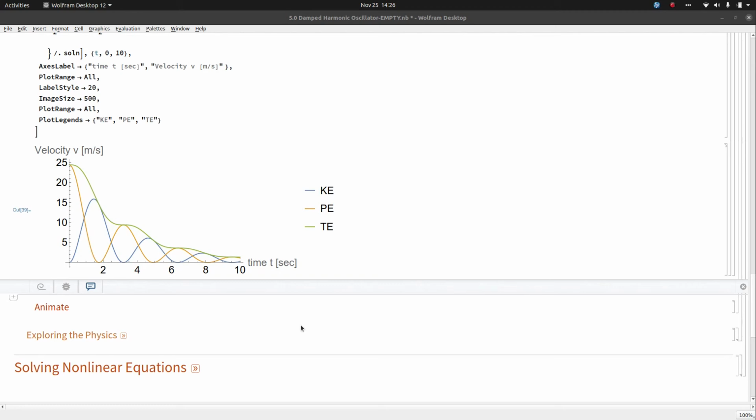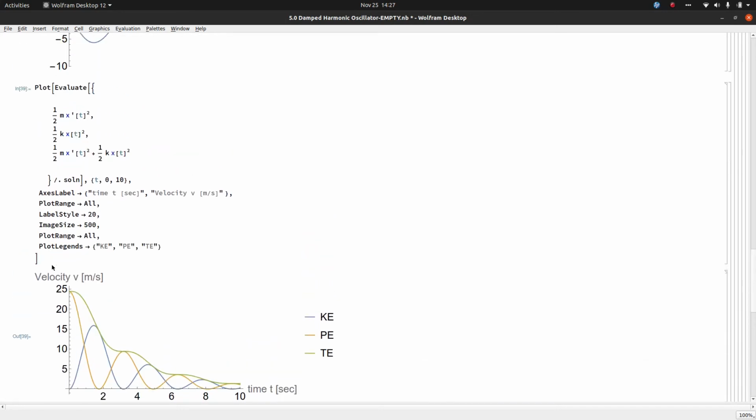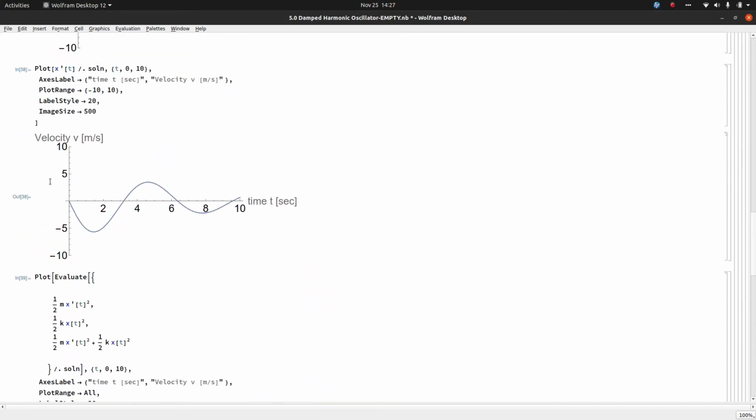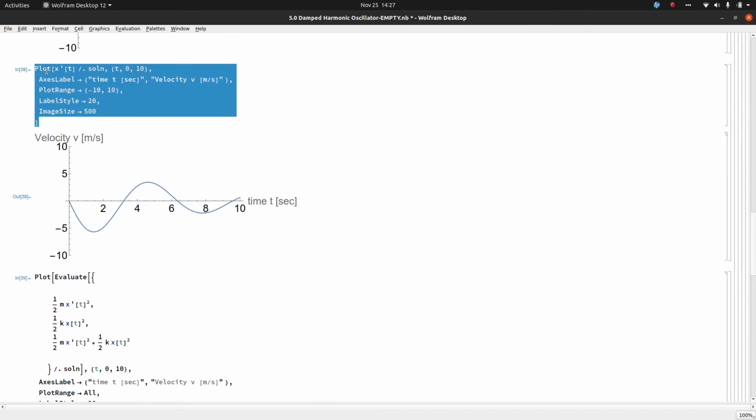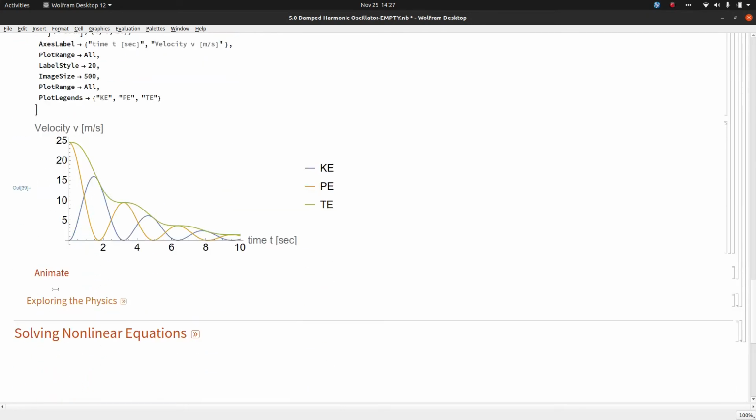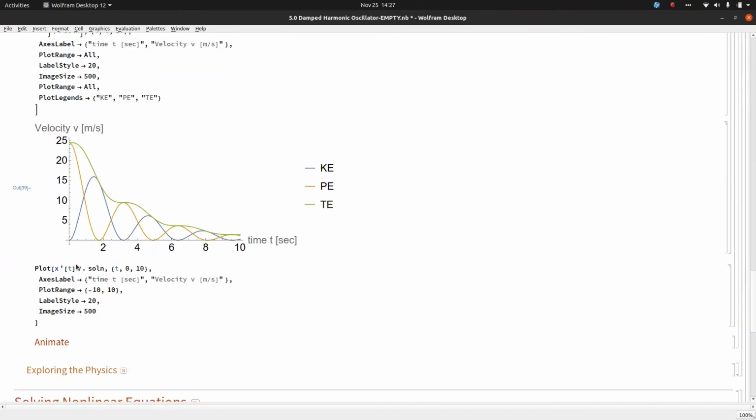Let's see, I want to do one more plot here because we talked before about doing phase diagrams, and it's easy enough to do a phase diagram. I'm going to start once again by stealing this plot from up top, so I don't have to copy all the graphic styling options that I have here.